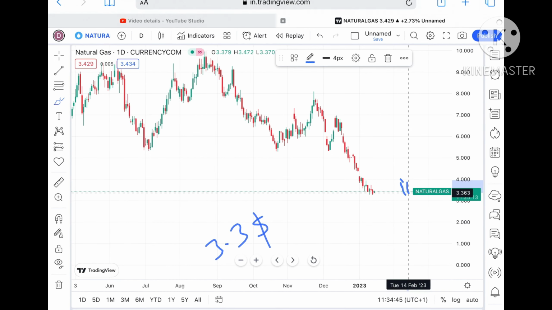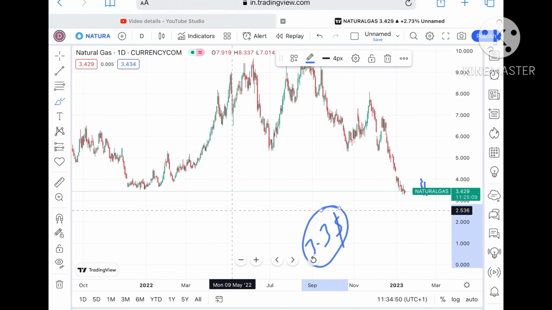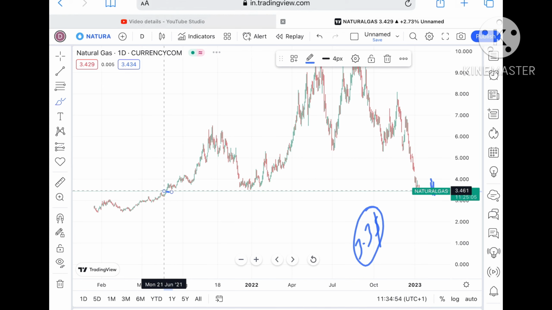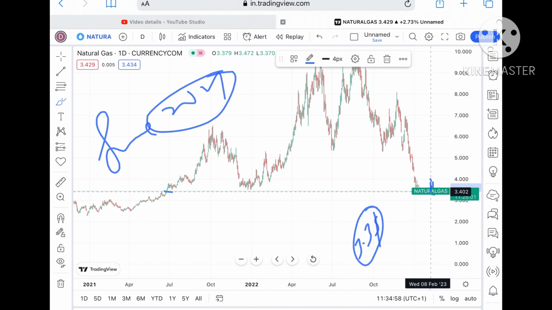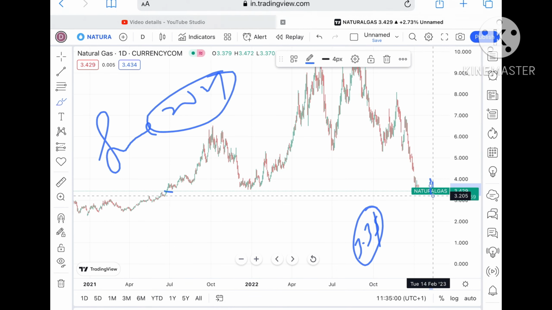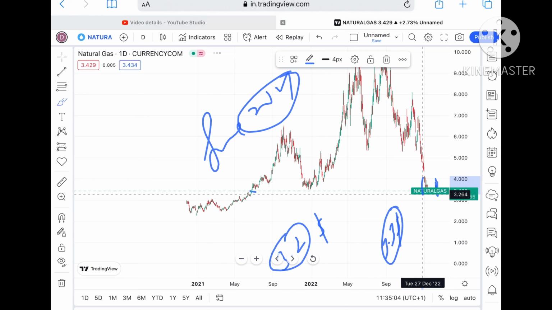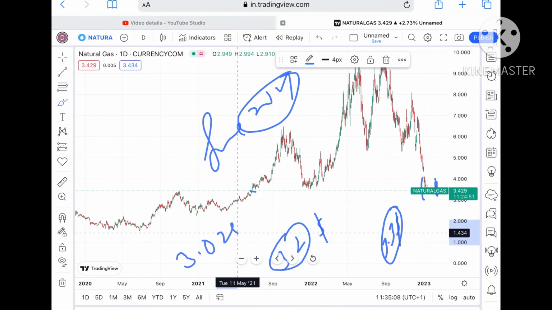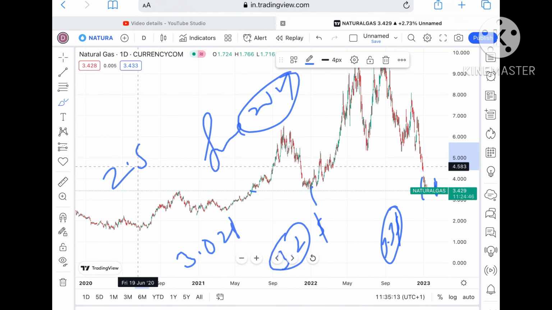Okay, and if the price moves below this particular level, you can see that $3.3 is a weak support. Chances are very high, and it is at a level we have not seen since June of 2021, that it can go further low, and a probability of touching 3.2 is there. Once the price falls below this level, a probability of going towards $3.028 is there, and from there it can touch around $2.85.